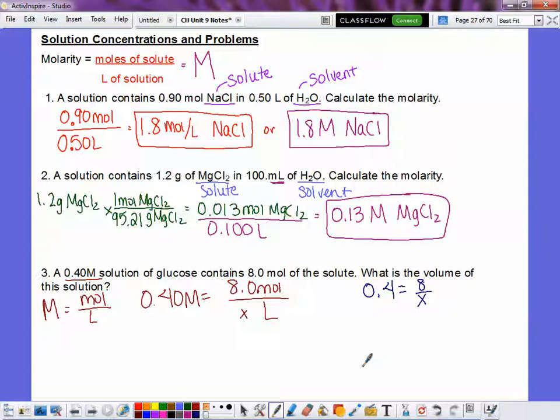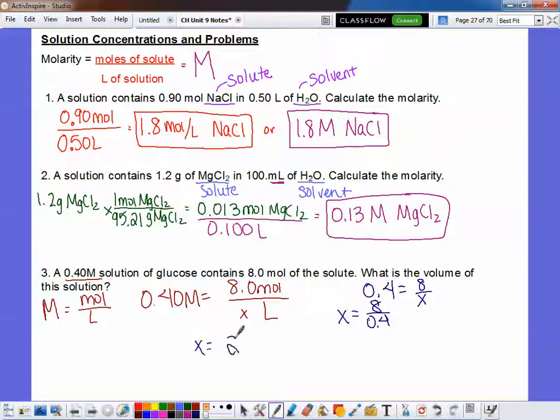If you cross multiply and then divide, you get x equals 8 over 0.4. So x is our volume. What is 8 divided by 0.4? You get 20 liters.